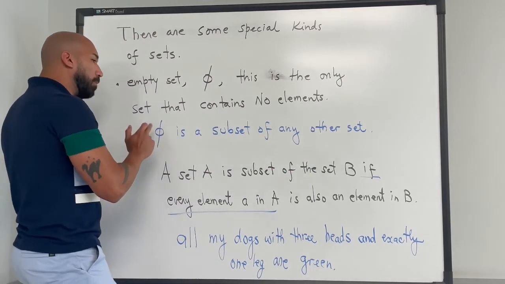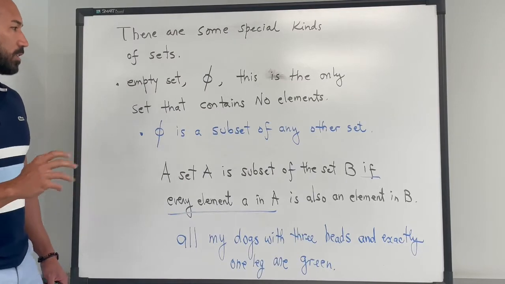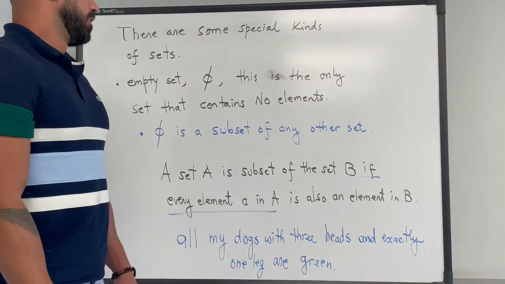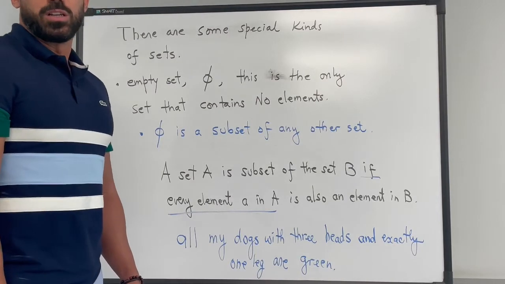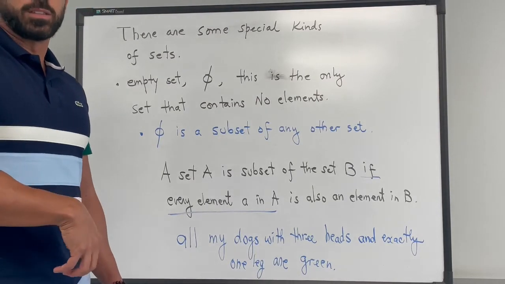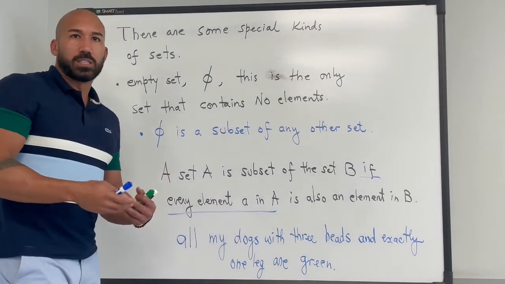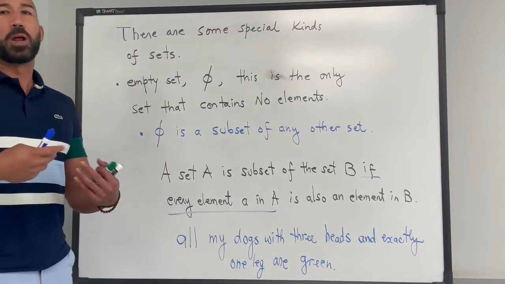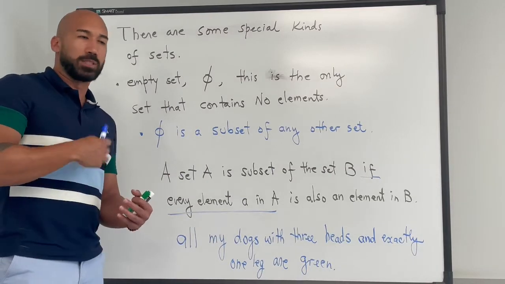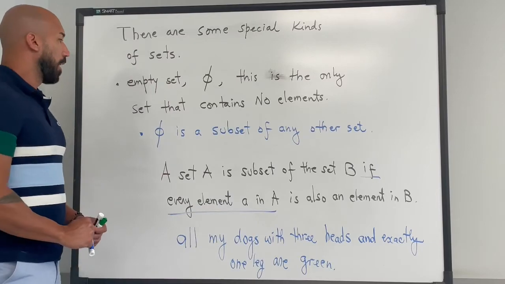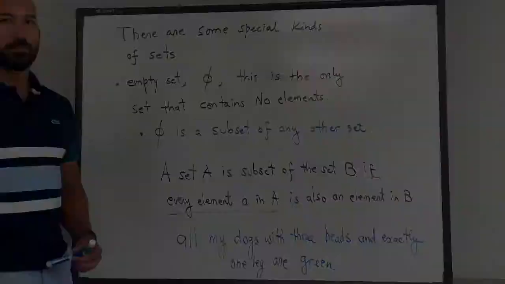So the empty set is always a subset of whichever other set you are considering, including the empty set itself. So every set is a subset of itself. Obviously, it's not a proper subset of itself, but it's a subset of itself. So we have this property here.